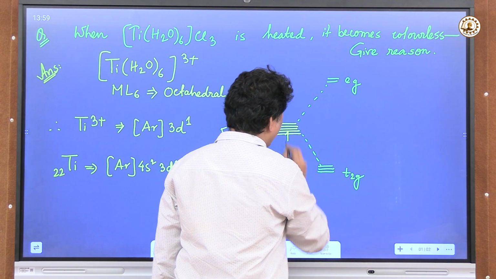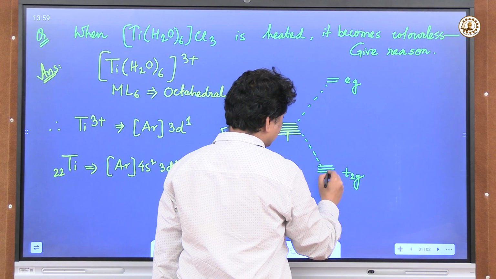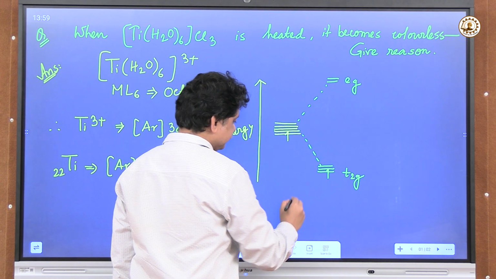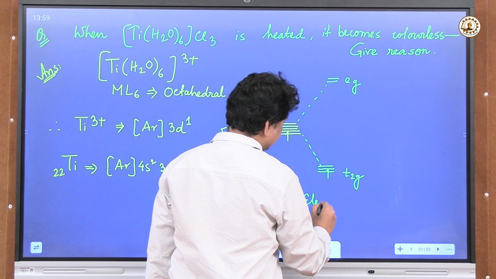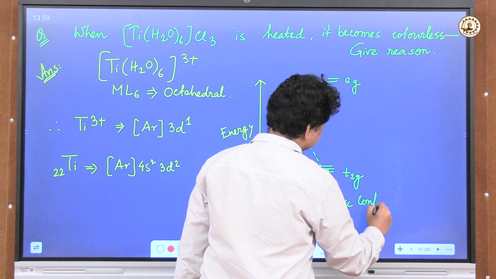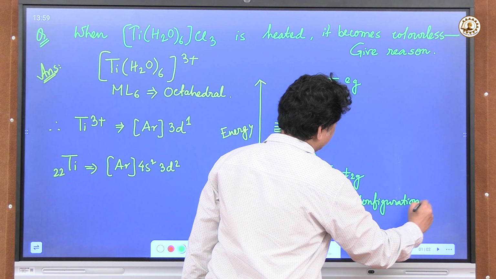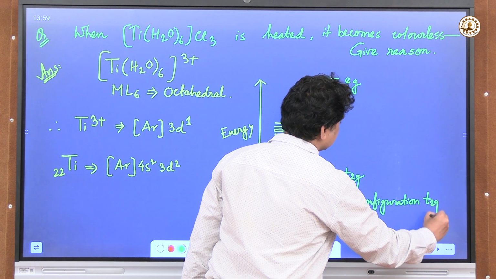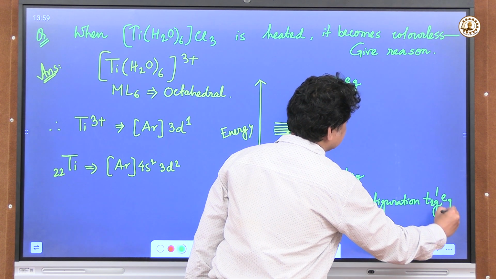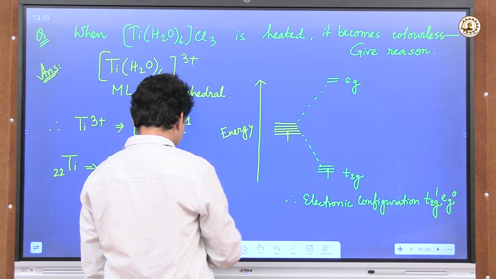As there is only one electron in the d orbital, the one electron will move into t2g. Therefore our electronic configuration becomes t2g1 and eg0.